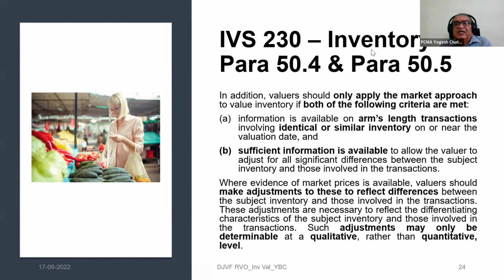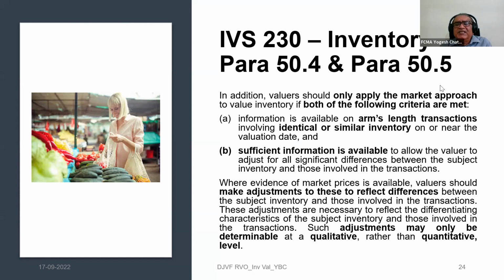Once it is at a qualitative level, the judgment of the valuer will come into play, assumptions of the valuer will come into play, subjectivity will come into play. So the skill of the valuer will be tested while applying this adjustment on a qualitative basis. Quantitative is slightly easier, I will say, but qualitative is always challenging.